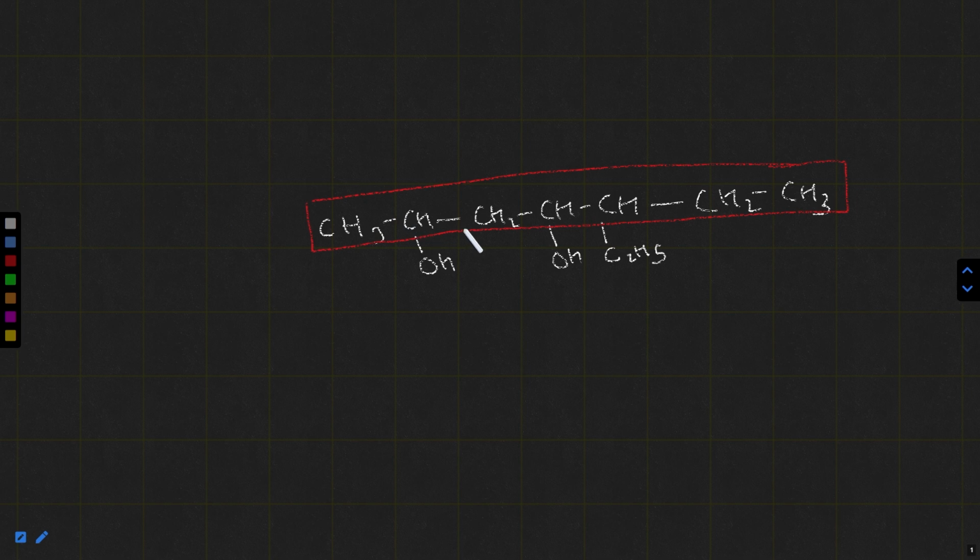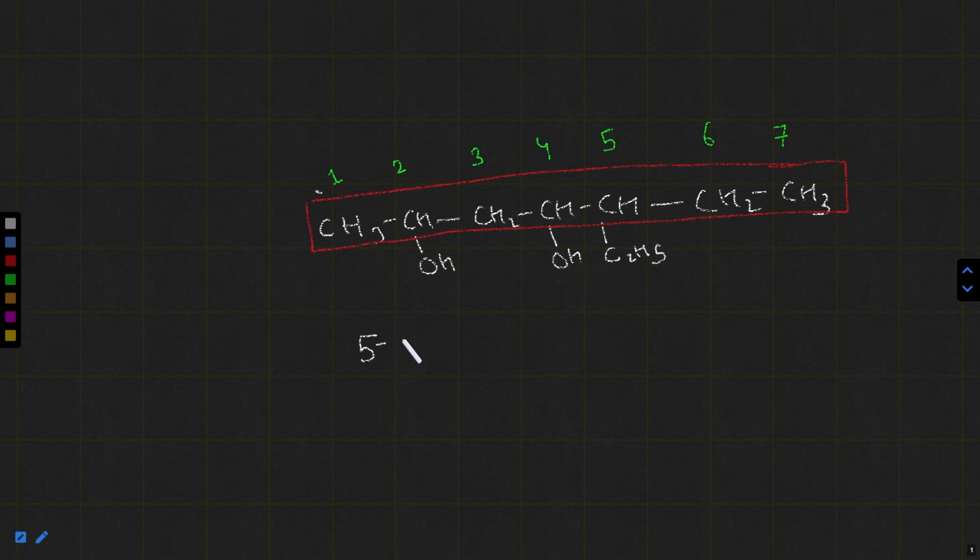Now if we start numbering, we'll number it from the left side. Why? Because the OH group comes first. So 1, 2, 3, 4, 5, 6, and 7. Now on the second position we have alcohol, on the 4th position we have alcohol, and on the 5th position we have ethyl.